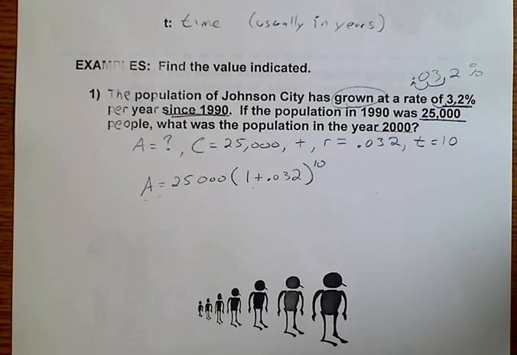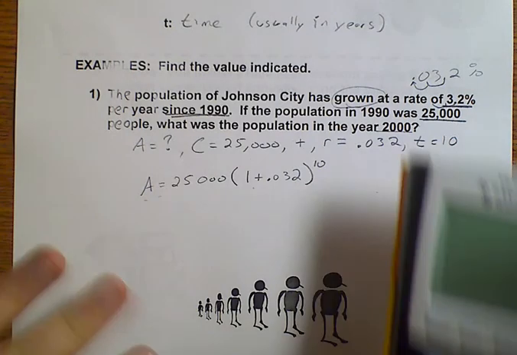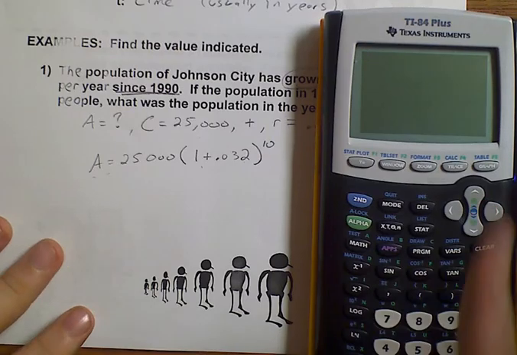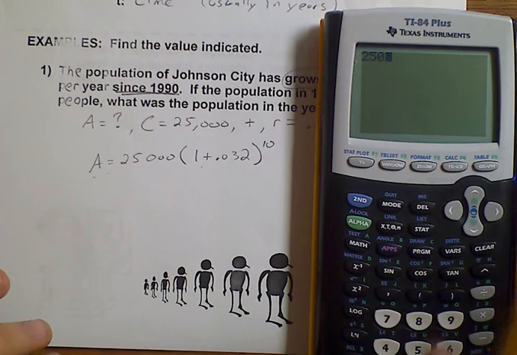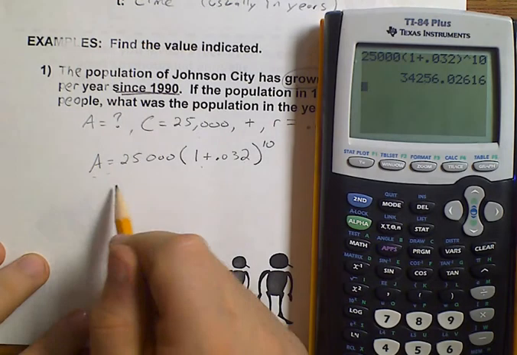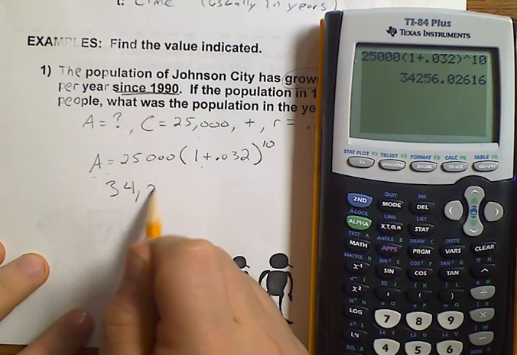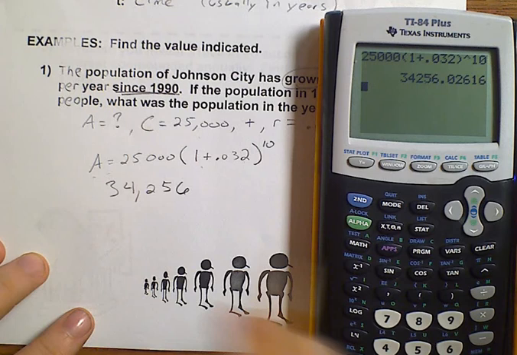With everything put in, we just need to put it in the calculator now. So 25,000 parentheses 1 plus 0.032, close, raised to the 10th power. We hit enter, and we get 34,256.